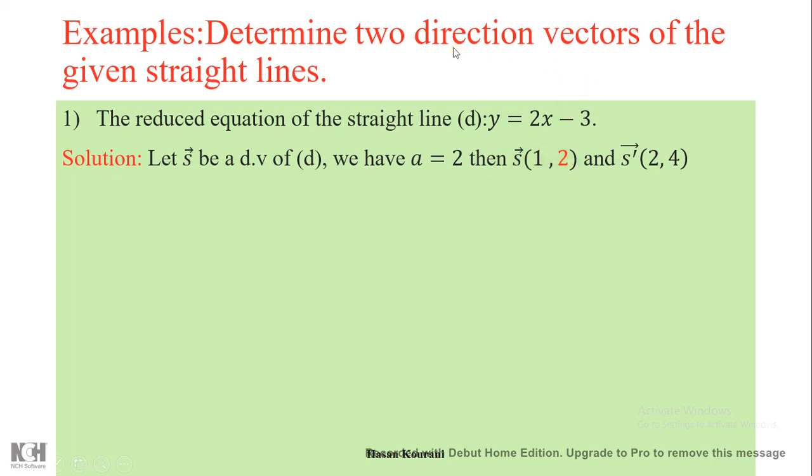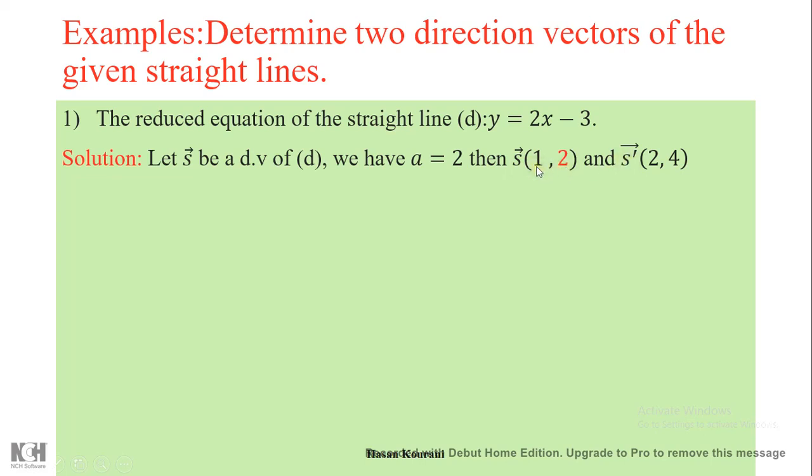But we are asked to find two direction vectors. As we saw previously in a remark, if this is a direction vector for D, we can multiply this vector by any non-zero real number, which we called k. Here, let's multiply S by 2.